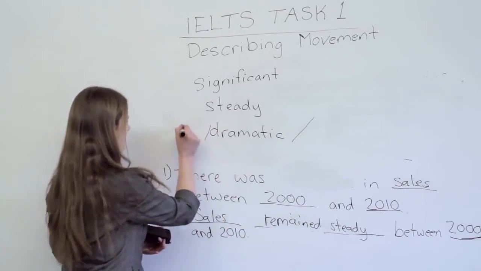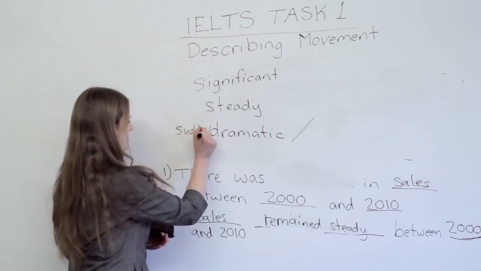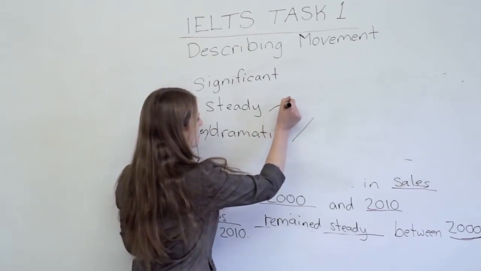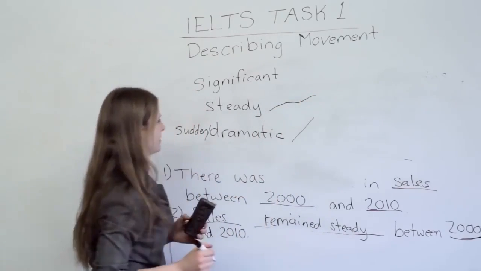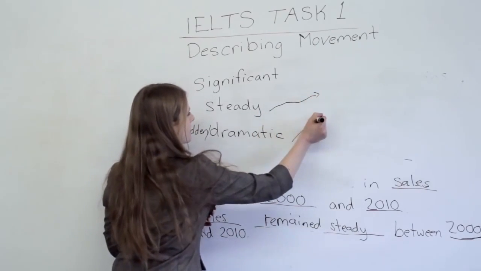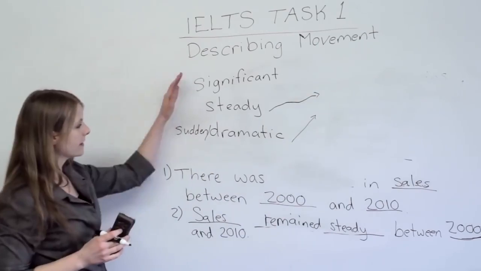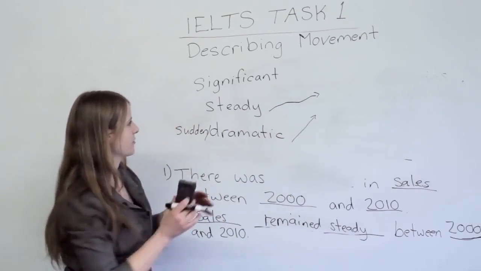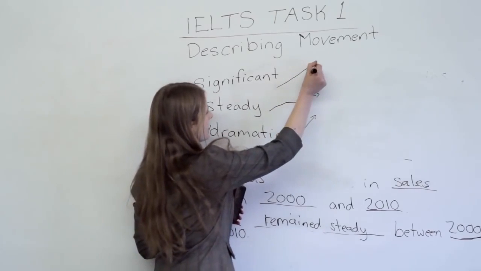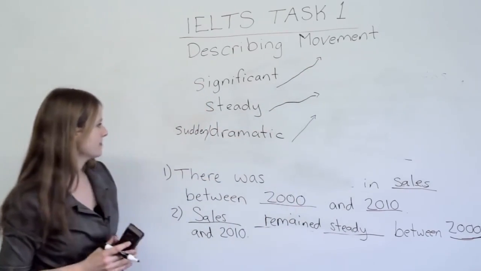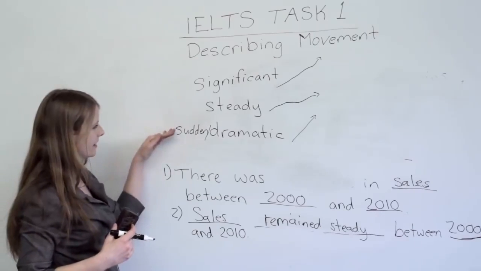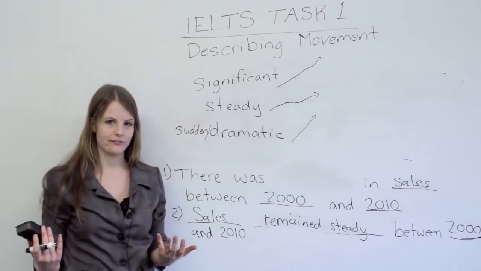That's another word: sudden. We could say a steady increase, which is not so dramatic. We could say a significant increase, which is more than steady, less than dramatic. So significant, steady, sudden, dramatic, these are all adjectives.